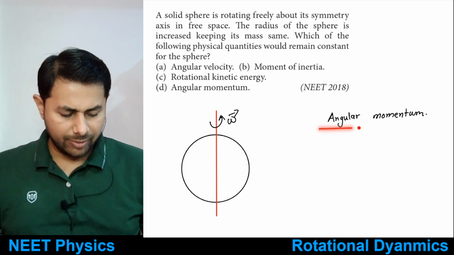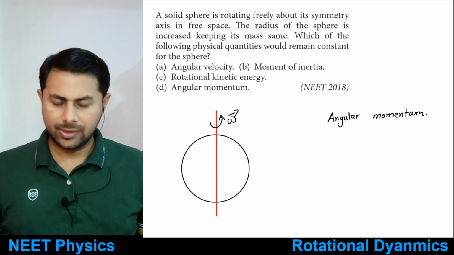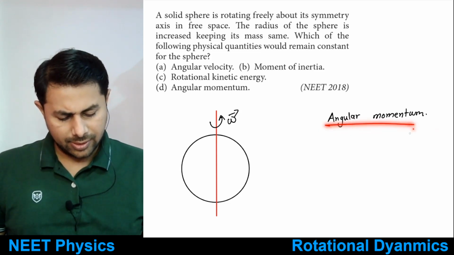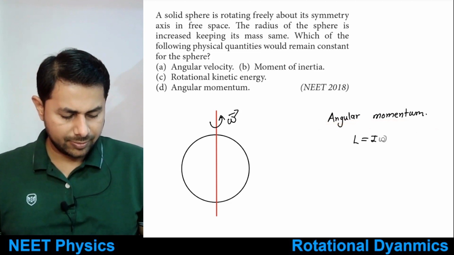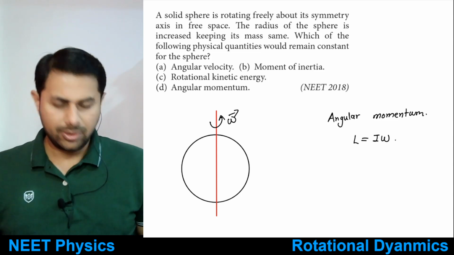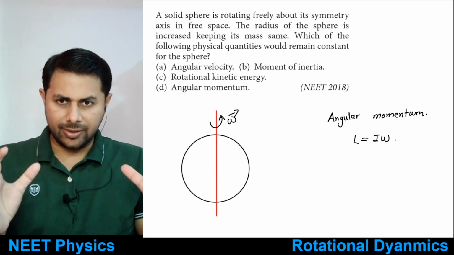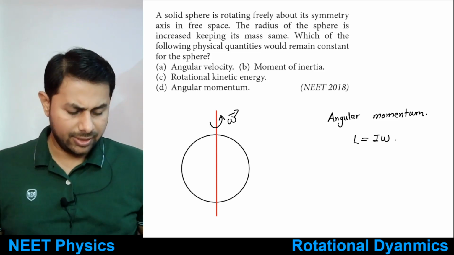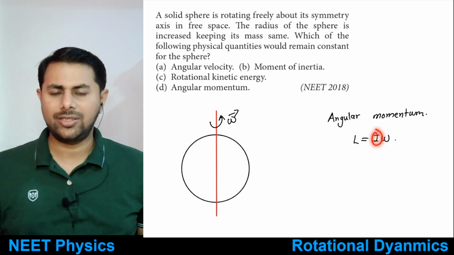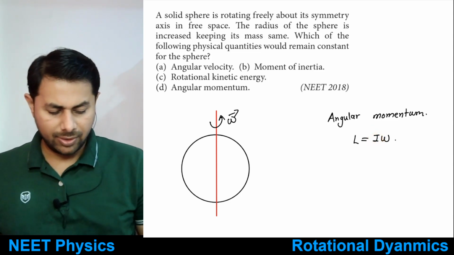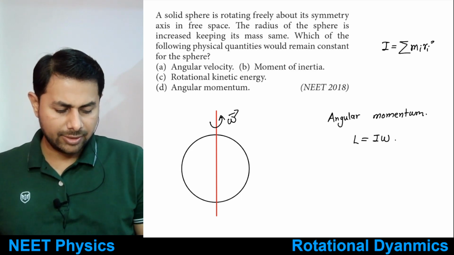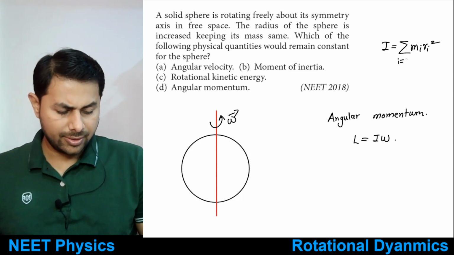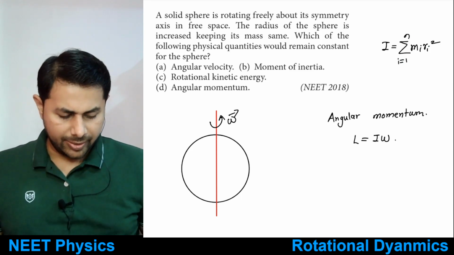And angular momentum will remain constant means, angular momentum is equal to what? It is I times omega. Now if the sphere is expanding, its radius is increasing, its I will change, because I is summation of m_i r_i square, i goes from 1 to n.